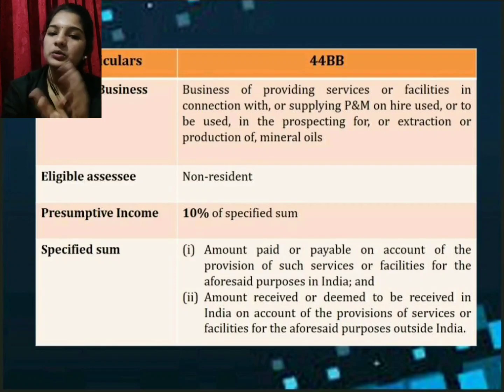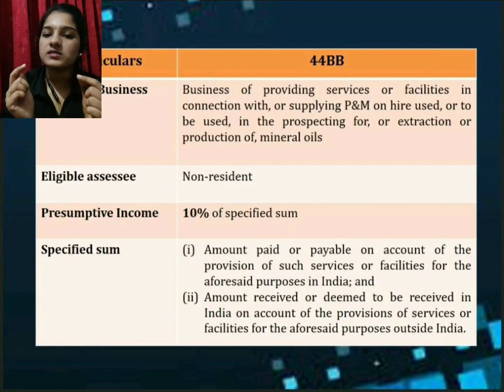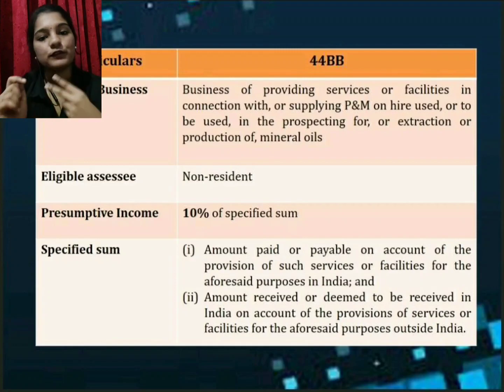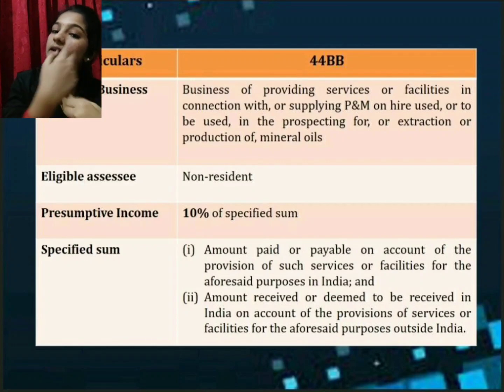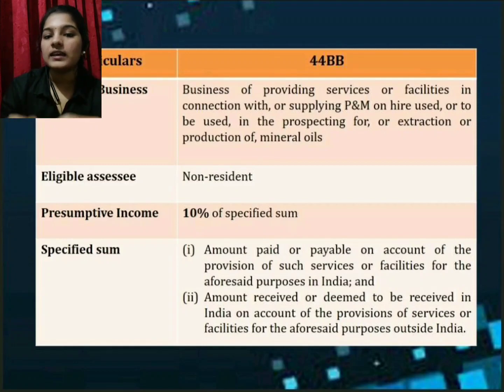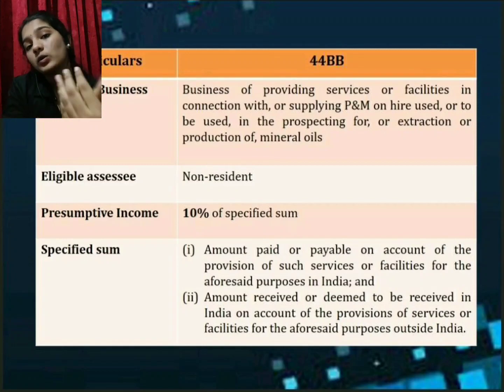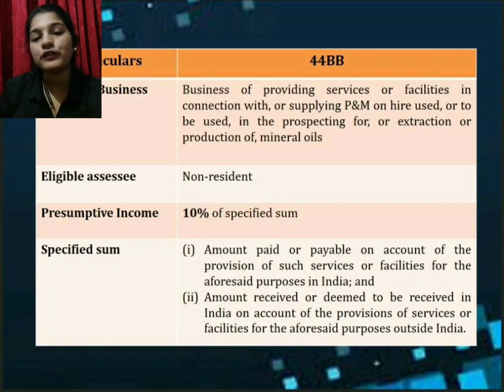It is almost similar to the earlier cases. That is, it is the aggregate of two amounts. The first one is the amount where the services are rendered in India and the amount is paid outside India. And the second case where the services are rendered outside India and the amount is received in India.